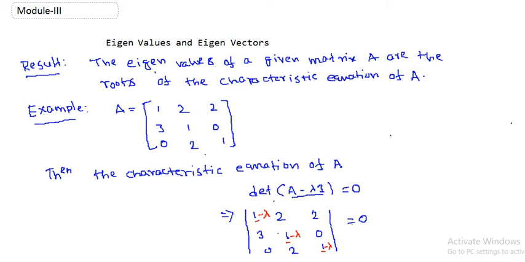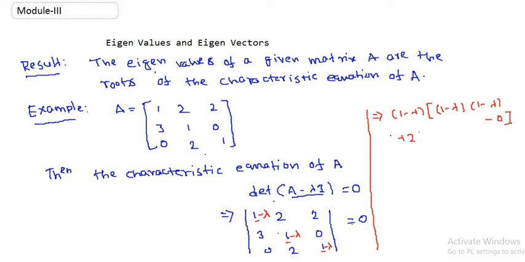Now we have to find this determinant. So let's find it. Here we go, we write 1 minus lambda. I ask you to pause the video for a few minutes and solve it by yourself, and then come back here to recheck that we are all right. So here 1 minus lambda in this way.